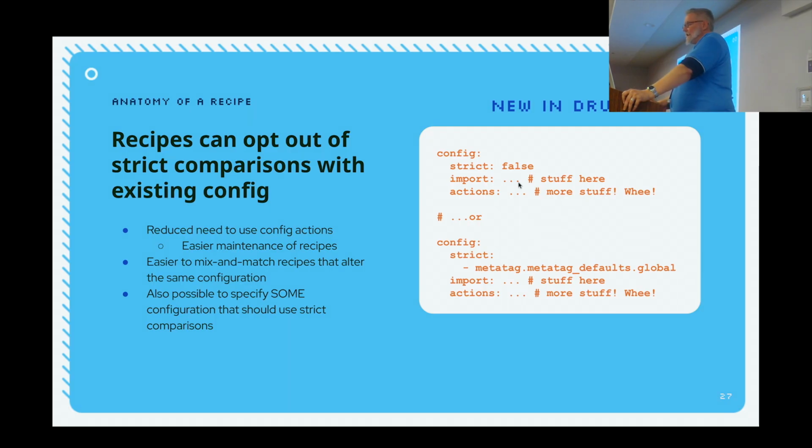But as of 11.1, you can say config strict false, which basically means if it sees that there is an existing entity with the same name, it'll just say, that's fine, I don't need to worry about it. Or the other thing you can do in your recipe is to specify specific ones. So basically what that tells the recipes runner is, I'm only worried about a strict comparison for the ones that I label here, and all of the rest of them can use a less strict comparison.